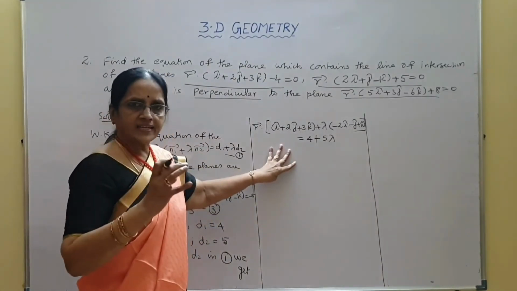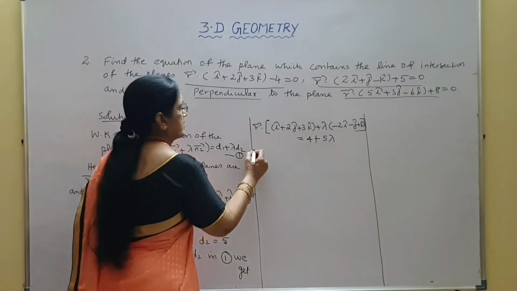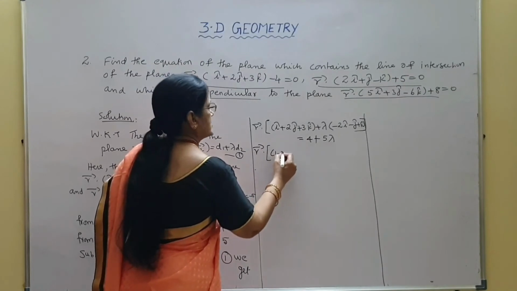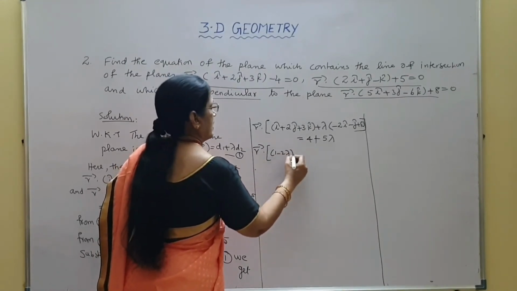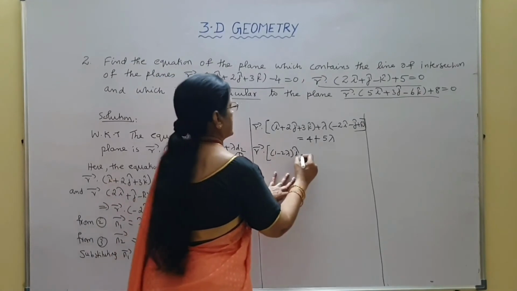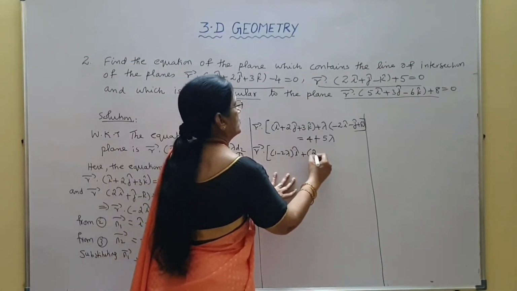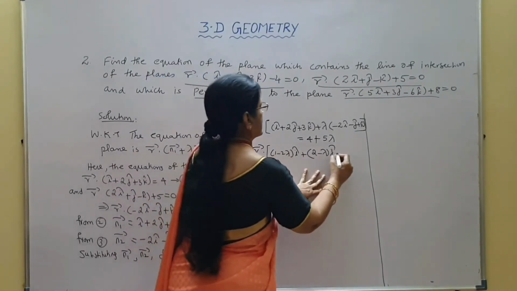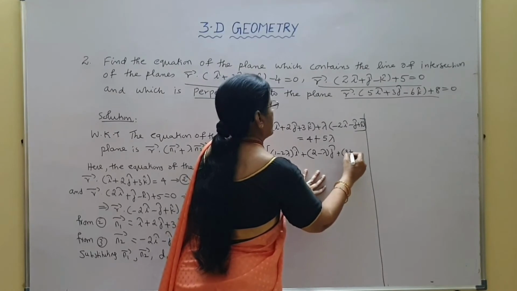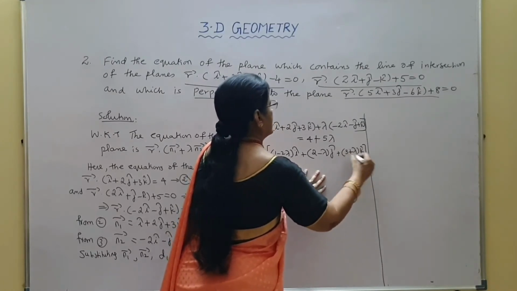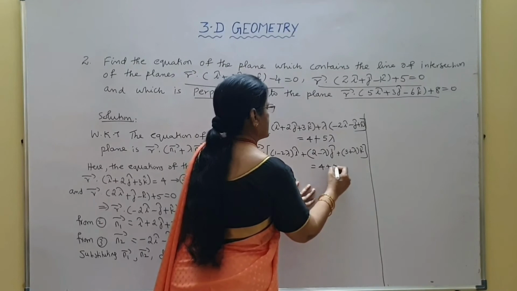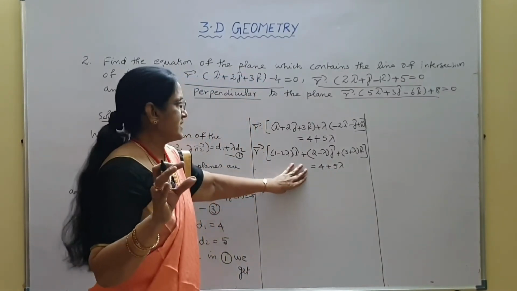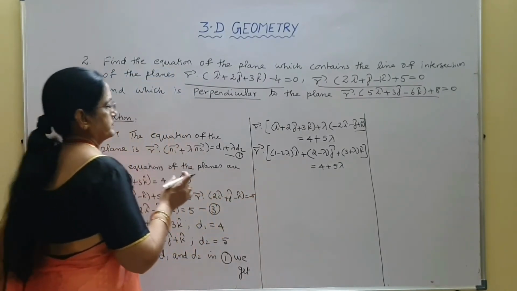I can collect the like terms and write the equation of the plane as vector r dot ((1 minus 2 lambda) into i cap plus (2 minus lambda) into j cap plus (3 plus lambda) into k cap) should be equal to 4 plus 5 lambda. I can write this equation of the plane as 4.